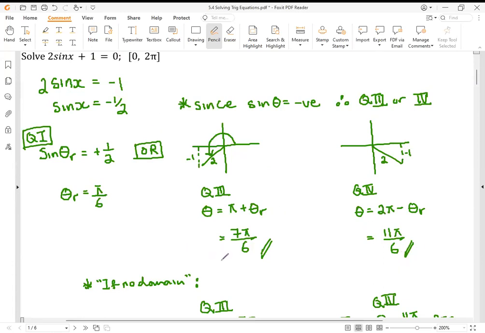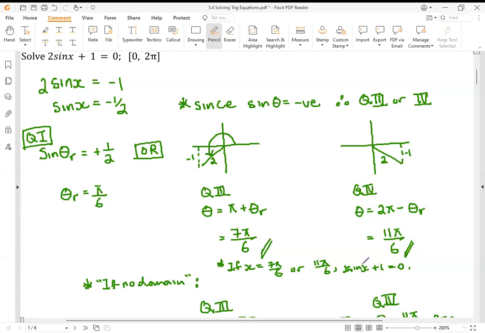So should I put a little thing? Therefore, if x equals 7 pi over 6 or 11 pi over 6, 2 sine x plus 1 equals 0. Either answer works. That's all it means.